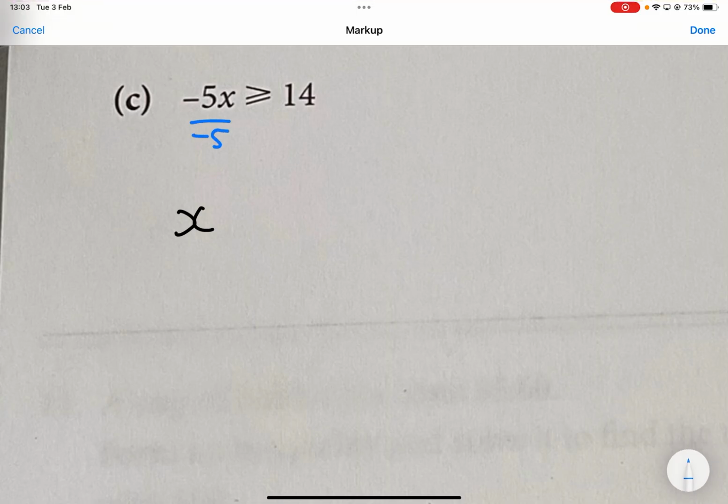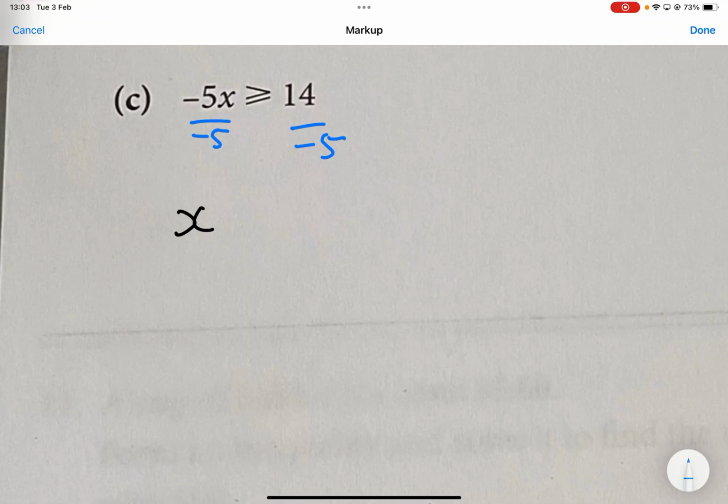Okay? Whether it's equation or inequality, I divide one side, I must divide the other side also. By the same number. Anything that I do on one side, I must do the same thing. Then once I cancel away the minus 5, I'll be left with x. I'm a happy man. I have 1x already.